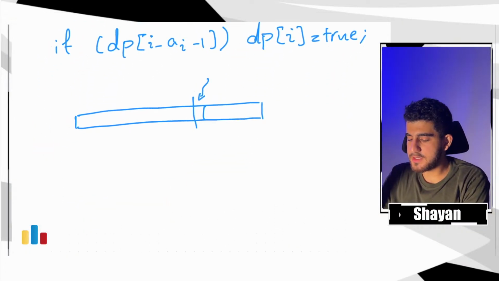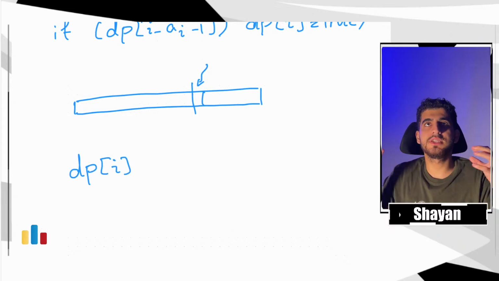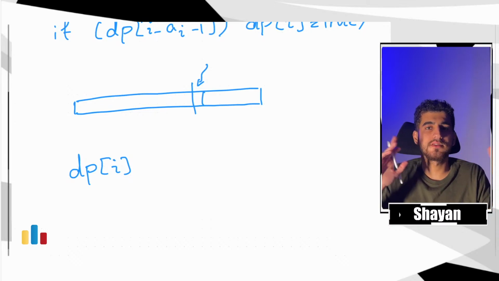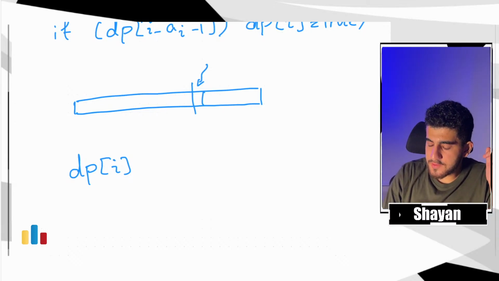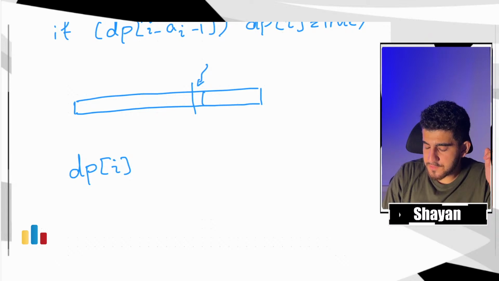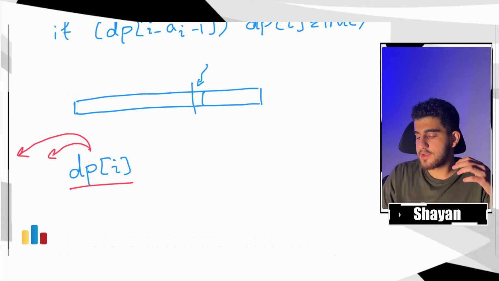In dp there are two ways to update the values of dp's. Either when I'm at point I, I find dp of I using the previous dp's, or I do the other way.